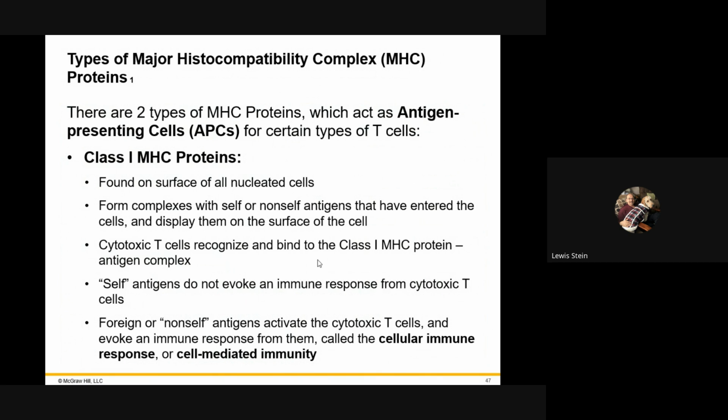Whether it's the HIV virus that got in the cell, the tuberculosis bacteria that got into the cell, plague, for instance, which enters cells, or a cancer cell, or a transplanted cell, that's going to alter these class 1 markers. That's going to trigger this arm of the cell immune response and trigger the formation of cytotoxic T cells. That's what you have to know.